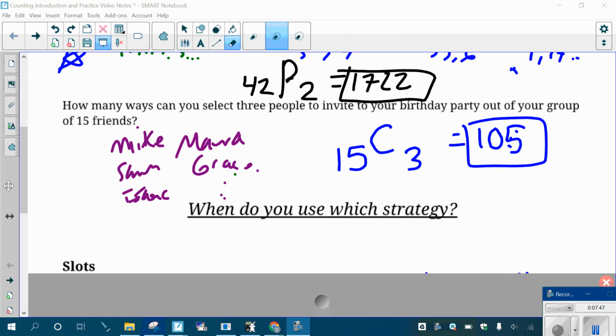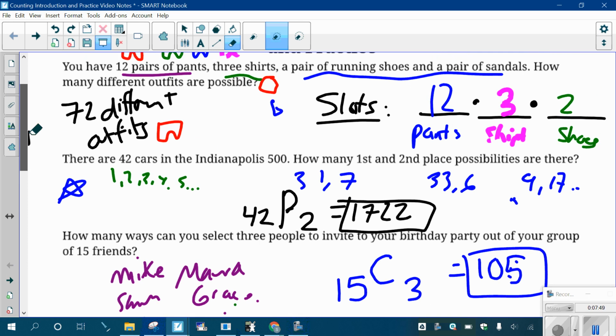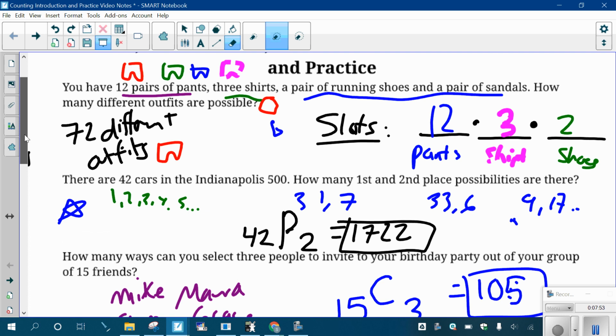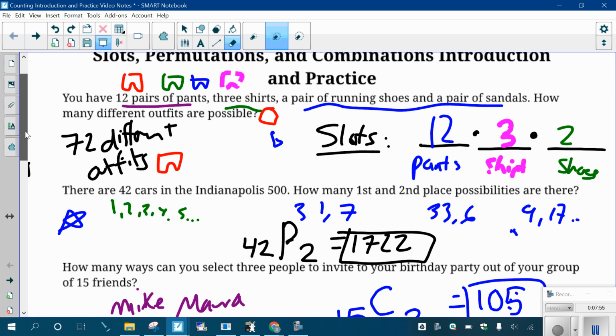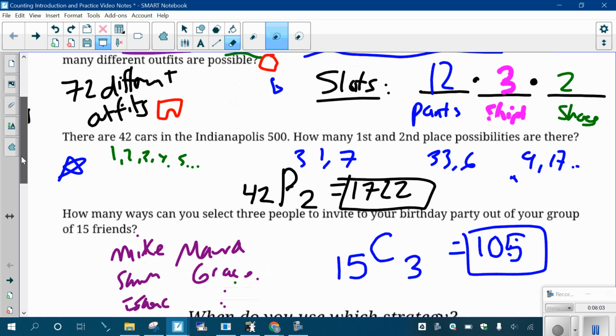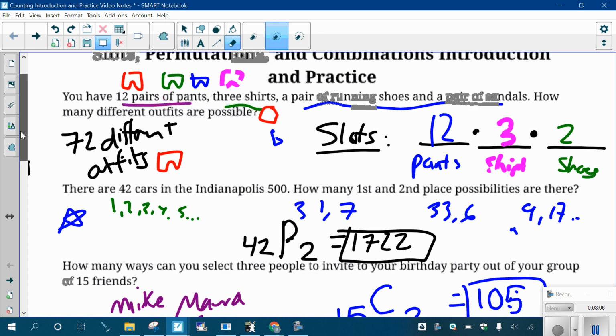Okay, so the first problem is very different than the other 2. I think the thing that, in my mind, separates the first problem is that you're making a lot of different decisions. There's a lot of different things you're thinking about, okay? You're choosing a pair of pants, you're choosing a shirt, and you're choosing a pair of running shoes.